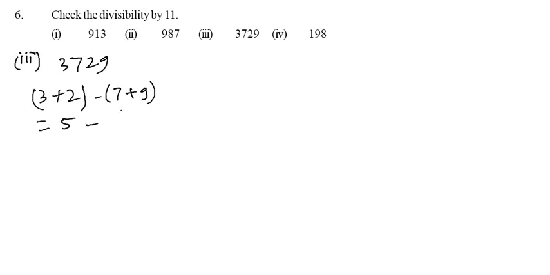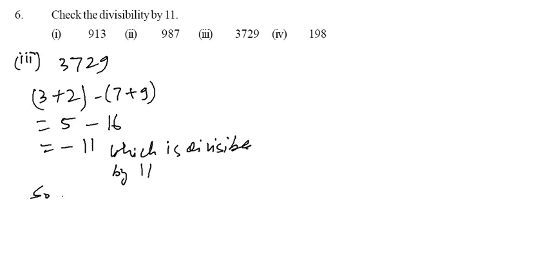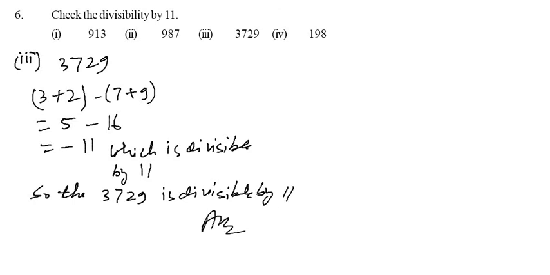It is 5 minus 16, and it is minus 11, which is divisible by 11. So the number 3729 is divisible by 11. That will be your answer.